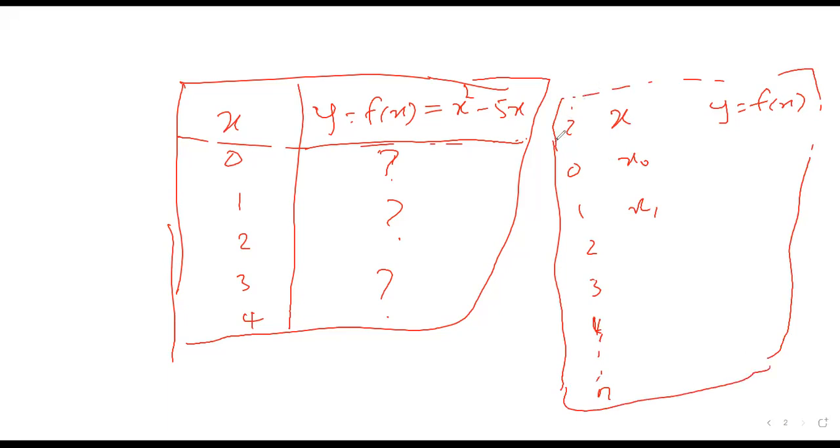Generally, let's say my index is 0, my point is x naught, and this will be my y naught. We can choose xi, and this is yi equal to f of xi. So y naught will be f of x naught. Similarly, for x1, my y1 will be f of x1.